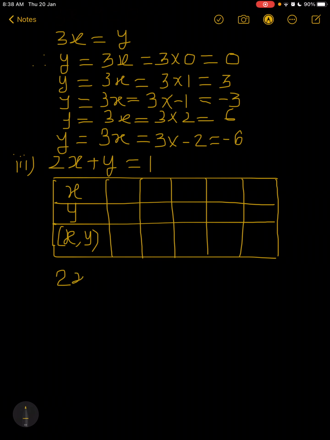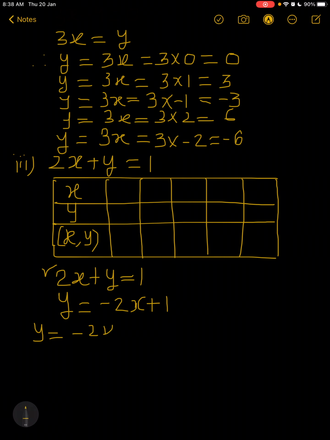2x plus y is equal to 1. Today I am rearranging the terms in the equation. Y on the left side, and on the right side I will take minus 2x plus 1. Term number 1, 2x, is taken to the other side as minus 2x. So in this equation I will try various numbers in the place of x.